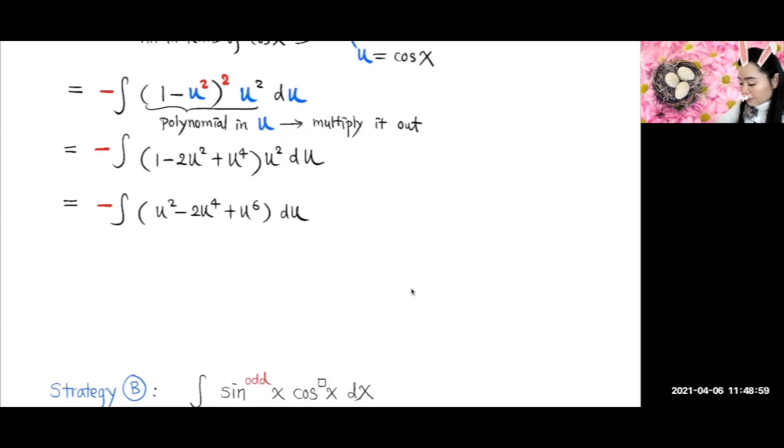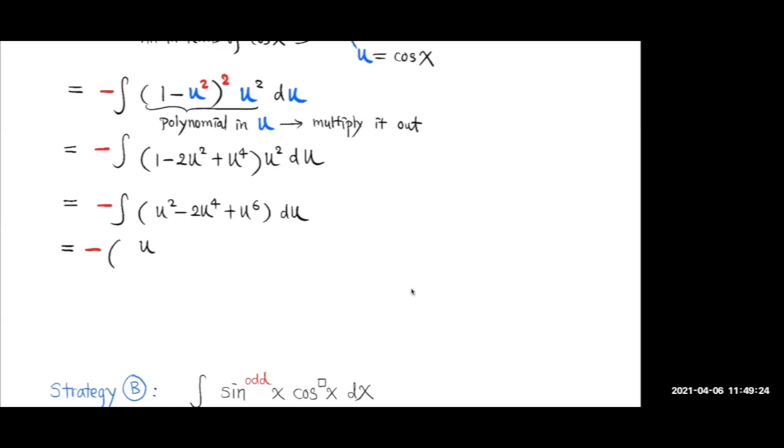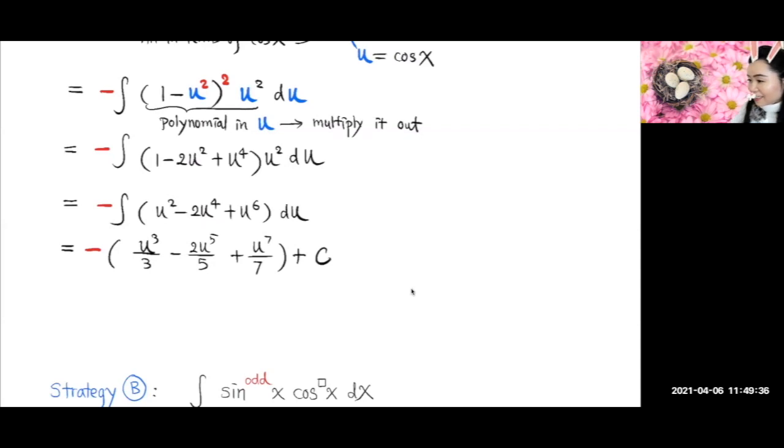So after you expand this perfect square, use the perfect square formula, and distribute this u squared inside, you come up with this polynomial in u. Now you can find the antiderivative term by term. So what would that be? u to the third over 3 minus 2u to the fifth over 5 plus u to the seventh over 7, du, don't forget plus c. Yes, you got it.